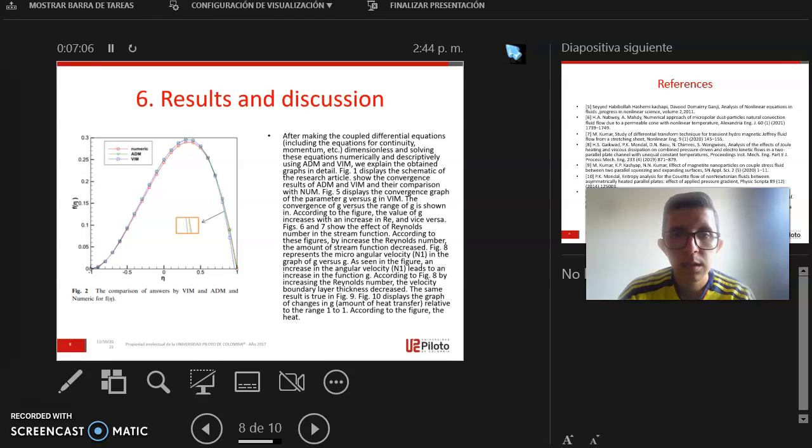We explain the obtained graphs. Figure 1 displays the schematic of the base article. Show the convergence results of ADM and BAM and the comparison.